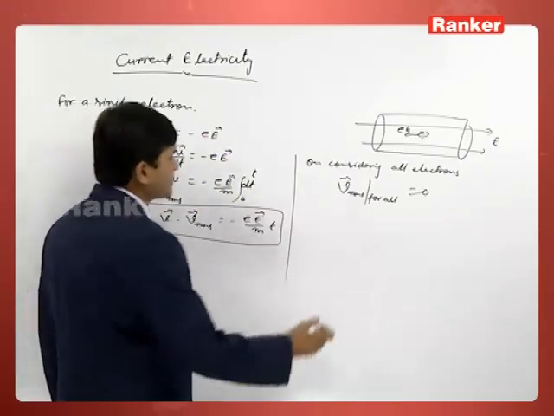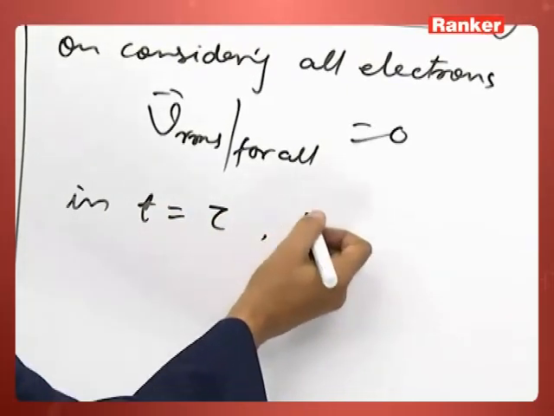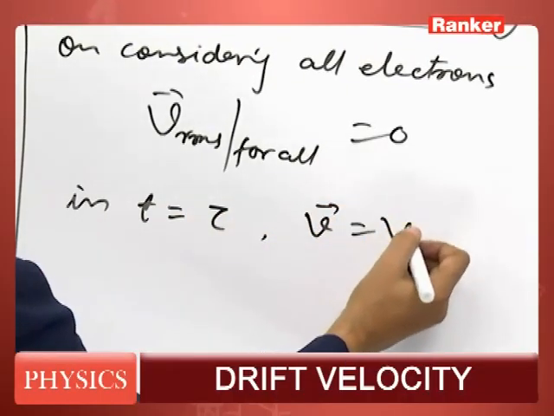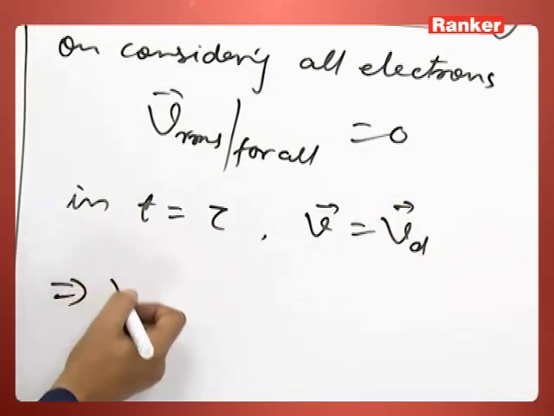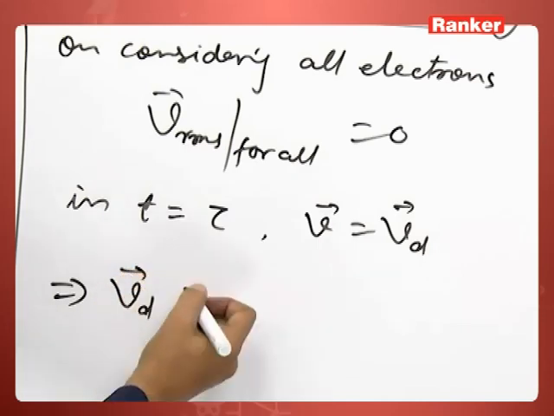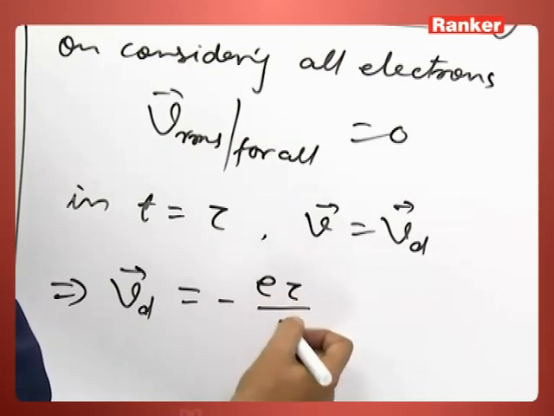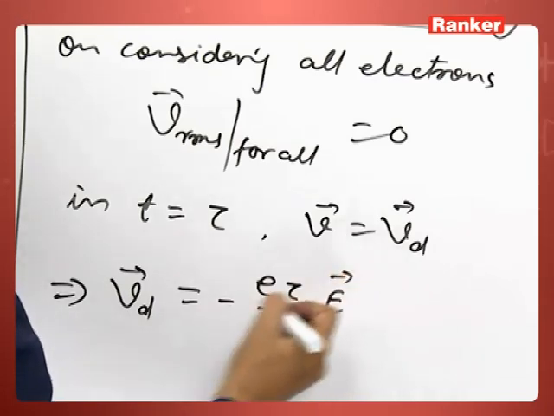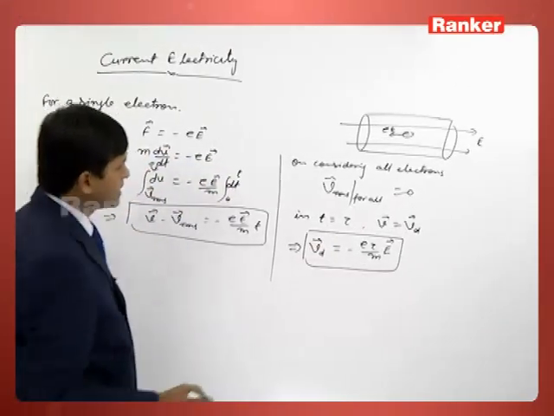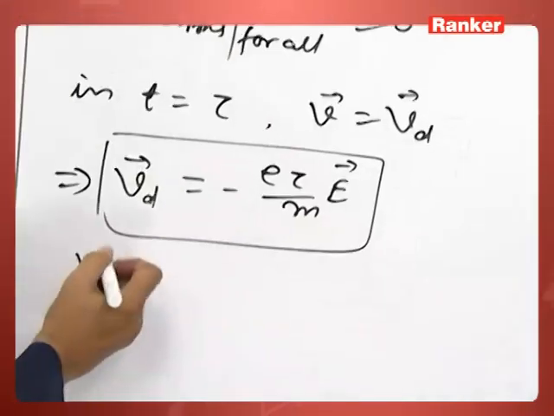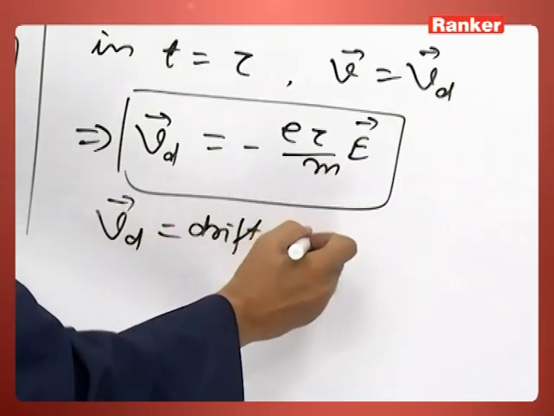And now at t equal to tau, V is equal to Vd. Then the expression is written as Vd is equal to minus e tau by m into E. So this Vd is called your drift velocity.